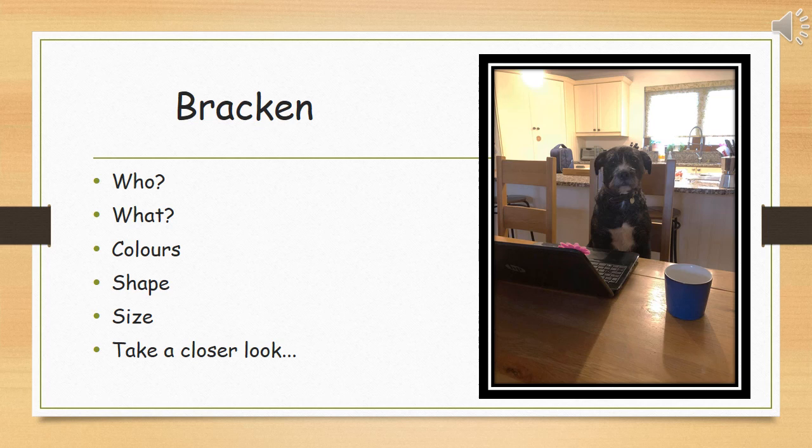So just like we zoomed right in on the rabbit's nose, maybe you'll zoom right in on Bracken's nose. Maybe you will zoom in on his ears. Maybe you'll zoom in on his collar. Maybe you'll zoom in on his belly. Maybe you'll zoom in on some things that are happening around him as well. I'll pop the picture of Bracken up for you too, so you can do some zooming if you need to.